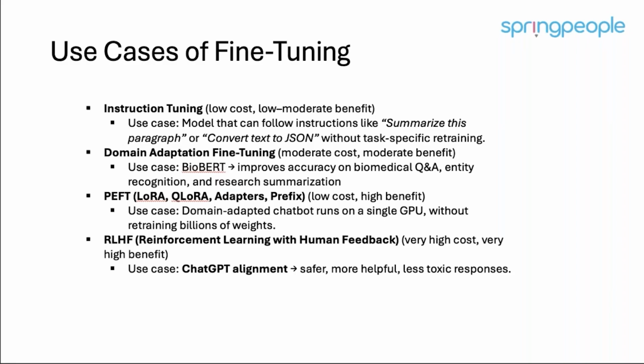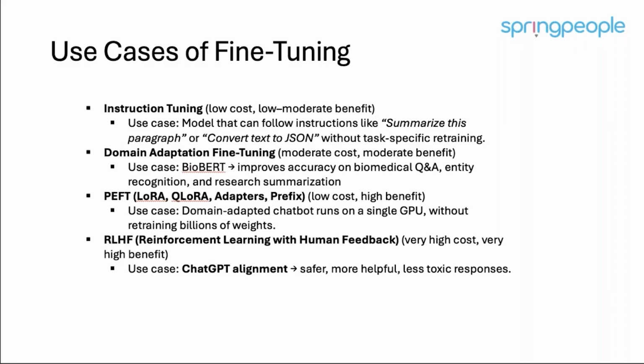You can take any of the models and you want to improve it, say in the classic case of biomedical Q&A, entity recognition, or summarization, or any legal or other process domains that you may want to take. So we would take the model there and adapt it. That's the idea of domain adaptation.